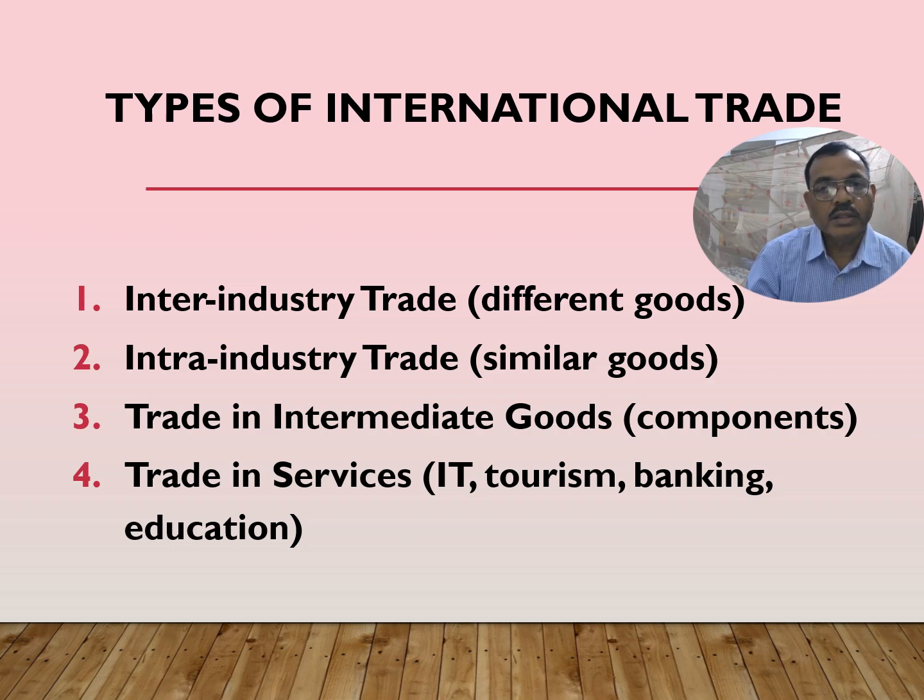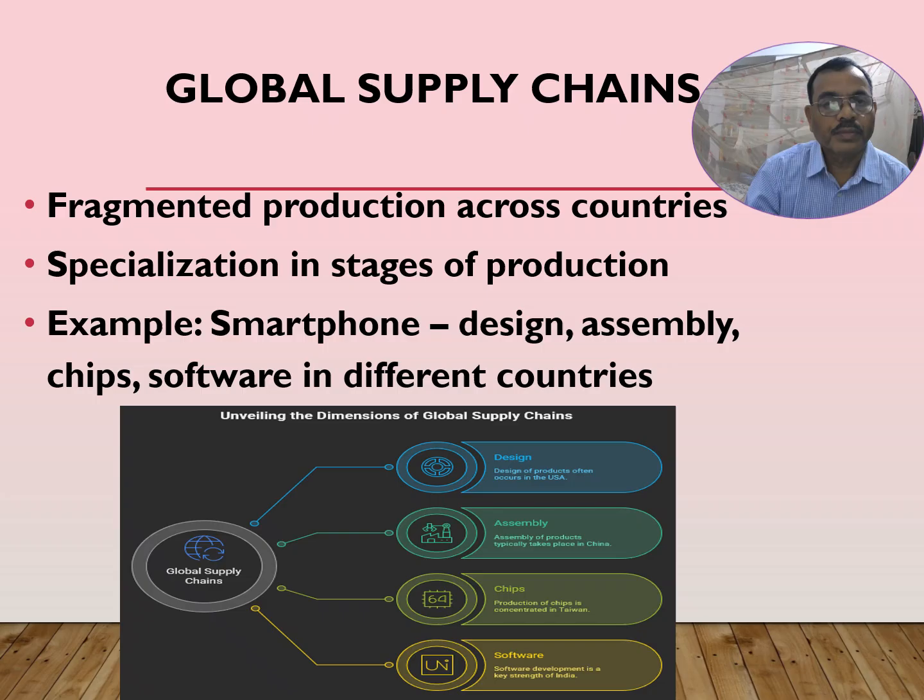This brings us to a very important modern concept, that is global supply chain. In the modern trade world, production is no longer done in one country. Instead, production is fragmented across multiple countries.